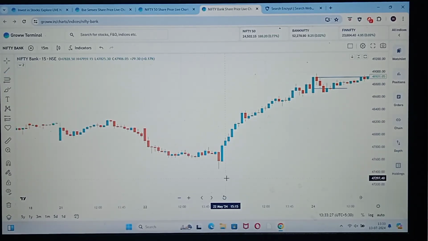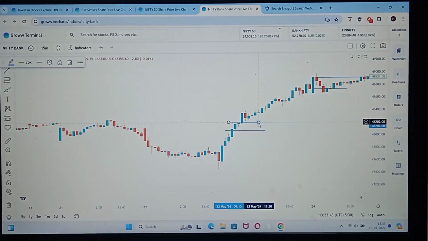Again we will see this 9:45 candle, a green candle. This is a green candle, so clearly we can see here we got a trade at 10:15.